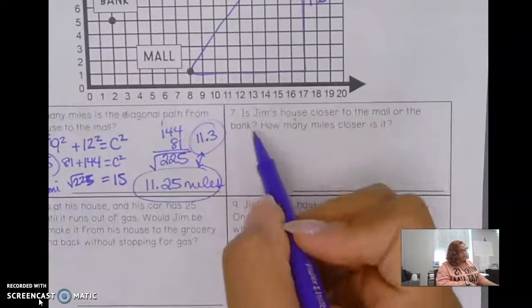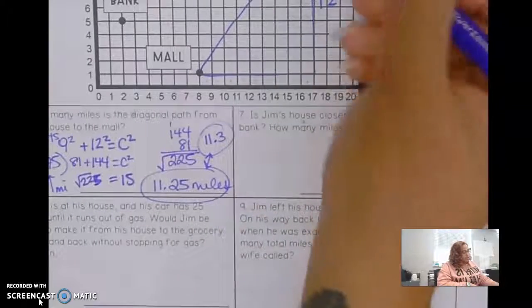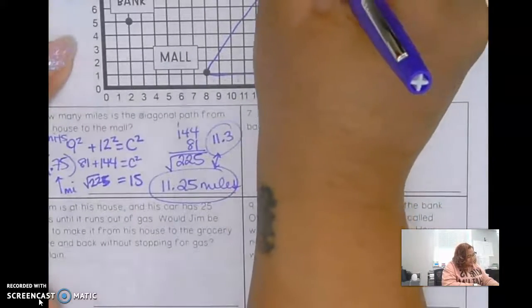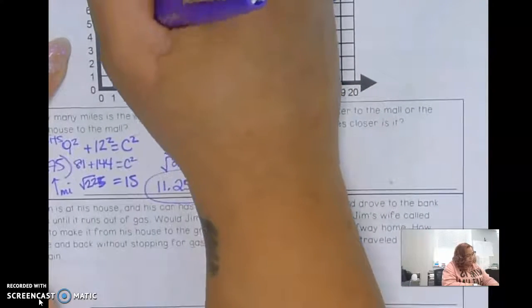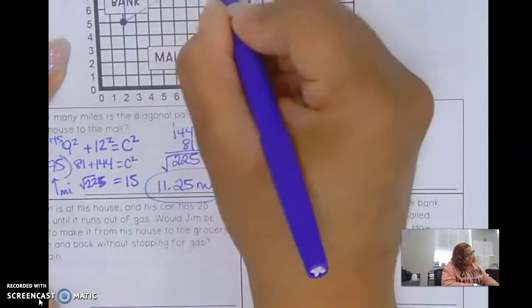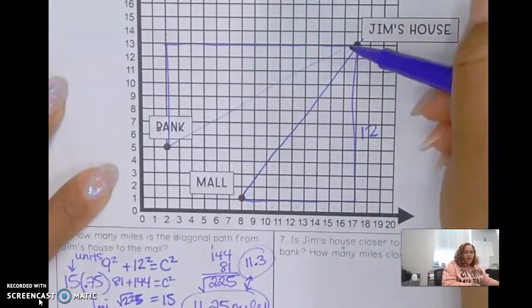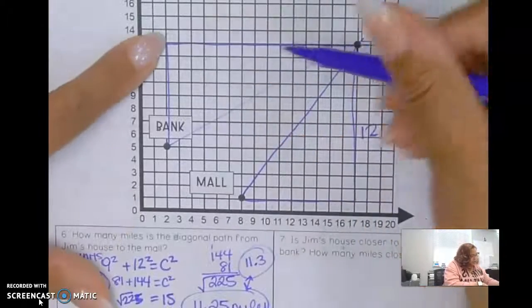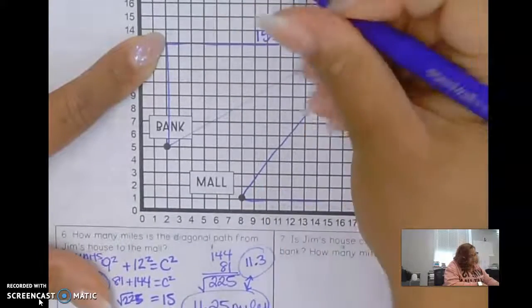All right, so is Jim's house closer to the mall or the bank? So then let's draw Jim's house to the bank. All right, let's count the distance going along the x-axis. So the bank is at 2 and Jim's house is at 17, so this is 15.